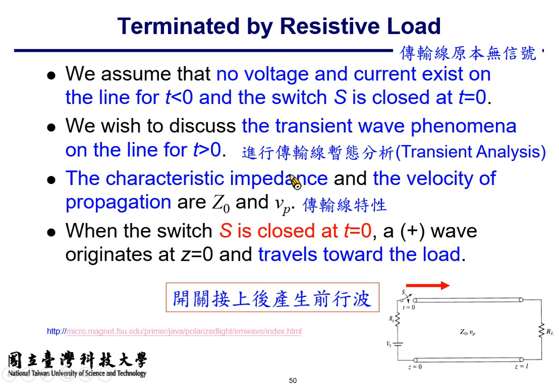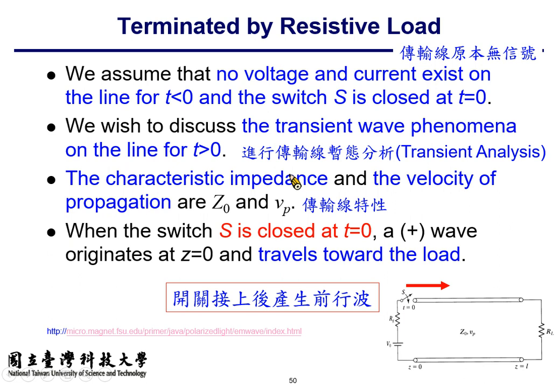At t equal to 0, the switch is closed, so we start to have a positive going signal going into the transmission line system. You can imagine that at t equal to 0, when the switch is closed, the battery starts to charge the transmission line system.